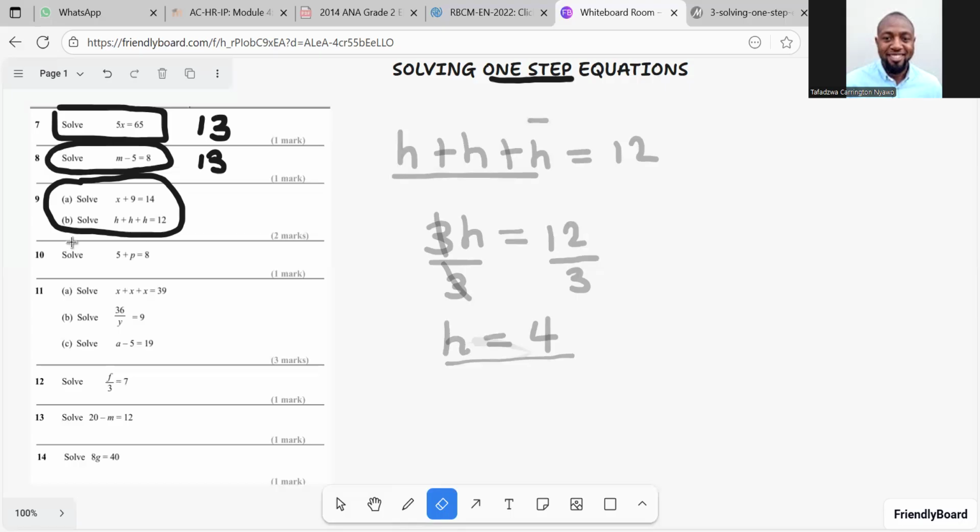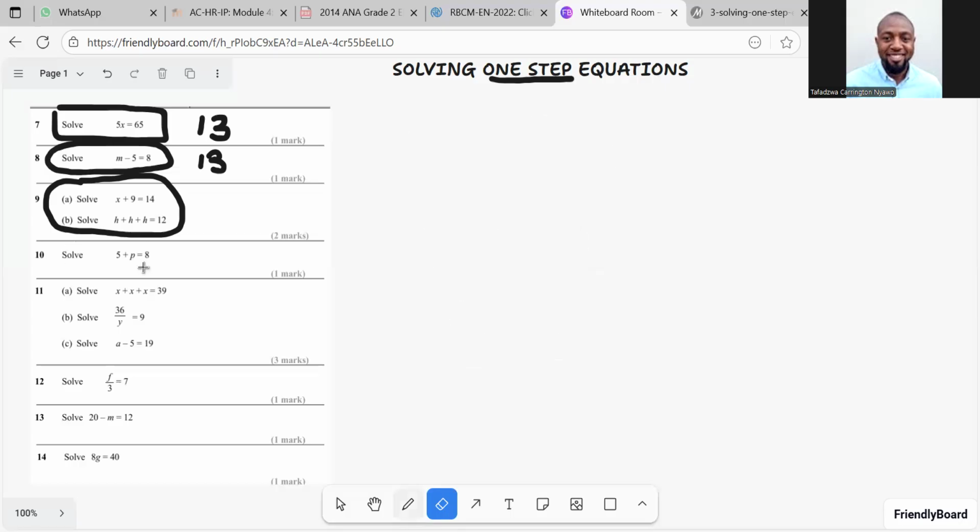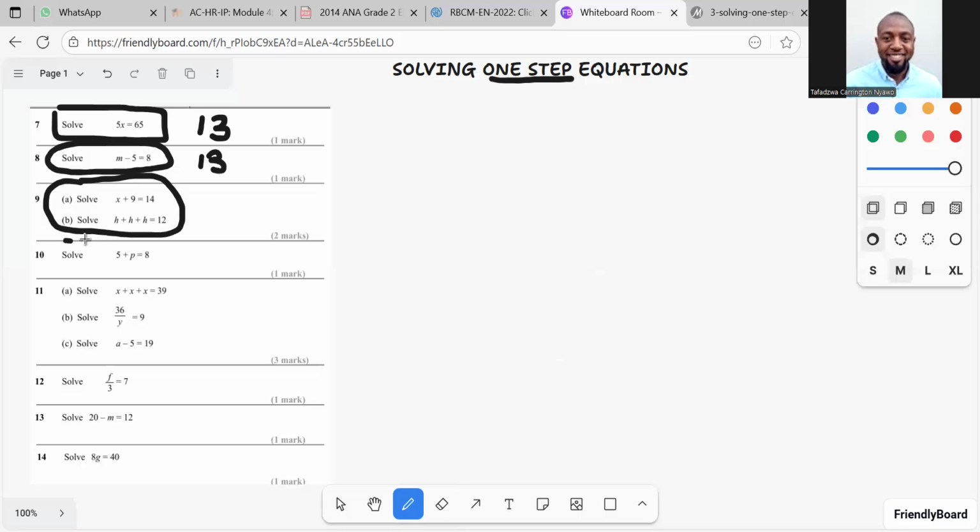All right, so the next equation here, that is number 10, is 5 plus p is equal to 8. Now you can choose either way. I'm not going to be using two methods, only one.